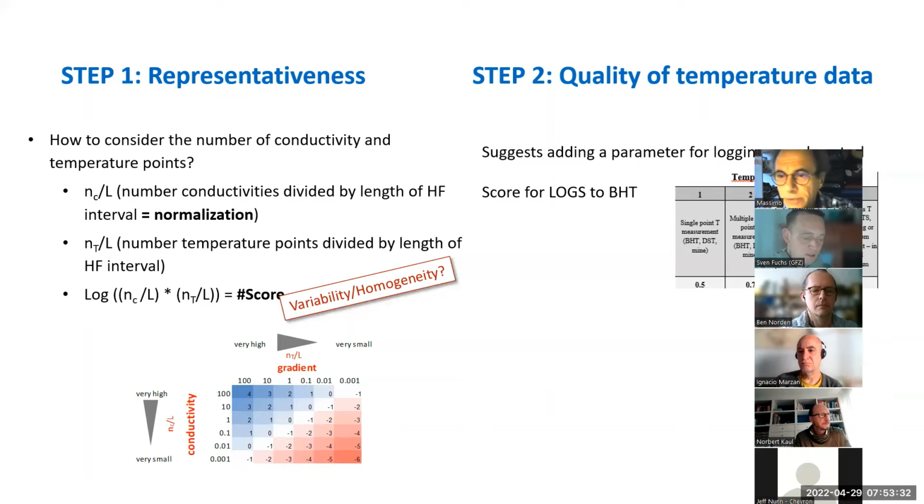Okay, can you hear me? Yes. Okay, thanks. So I was in trouble with the acronym DST because I was thinking about drill stem test. You know that there is another technique that allows to estimate the bottom hole temperature with a higher accuracy, differently from the classical bottom hole temperature measurements.